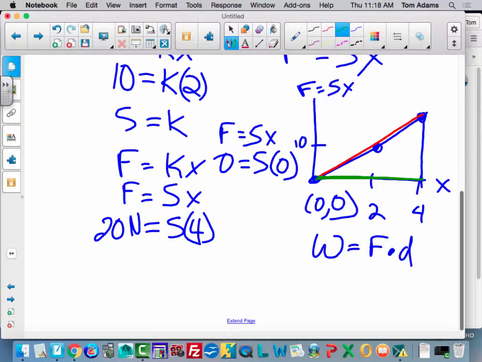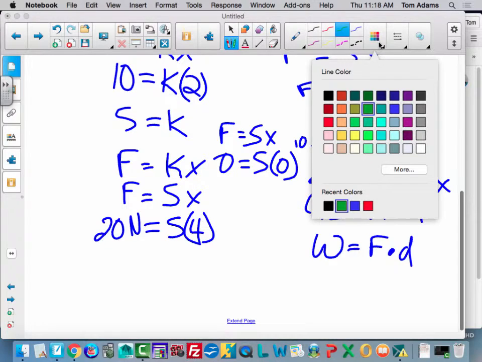What does this force times distance represent? Work. But look at the graph. What on the graph does that represent? Height. The area under the curve.